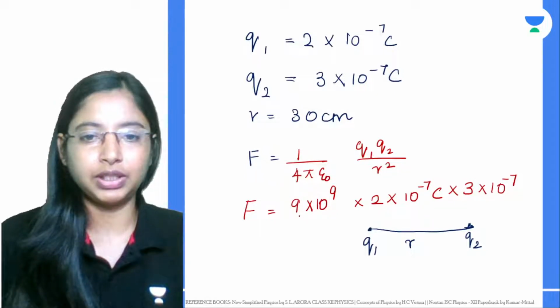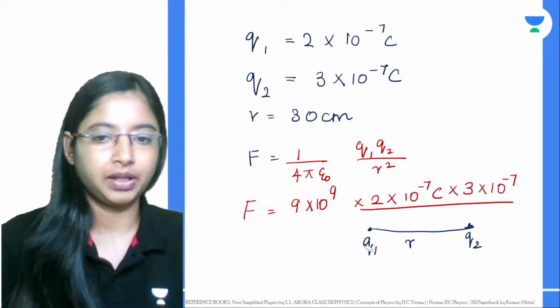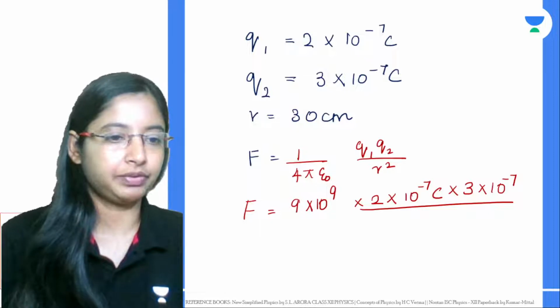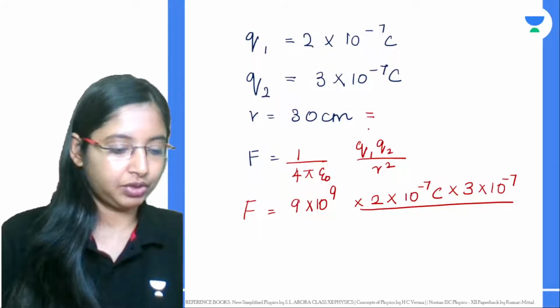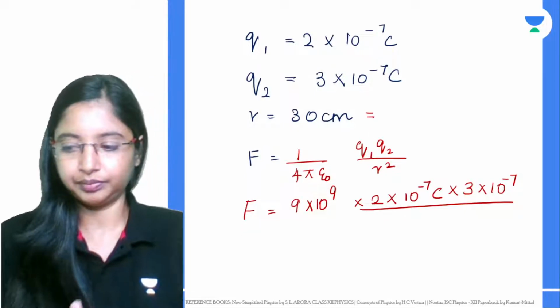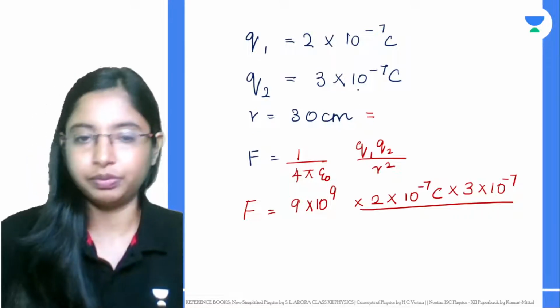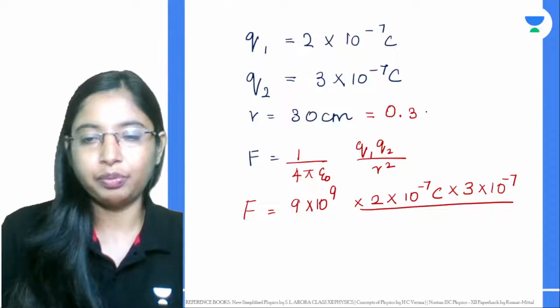We are going to divide the whole of this by R square. But the R value that you're seeing over here is in centimeters. We want to convert it into meters. So if you convert centimeters to meters, R is going to be 0.3 meters.